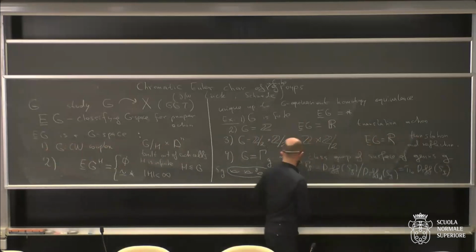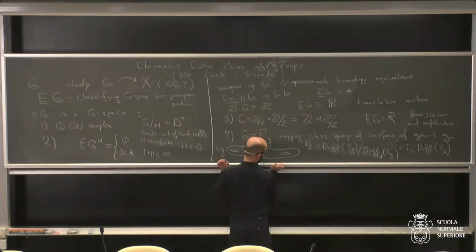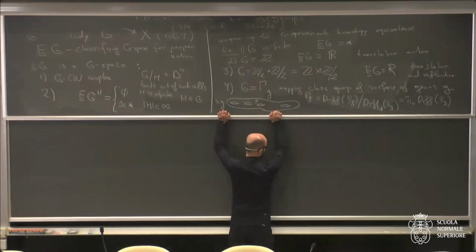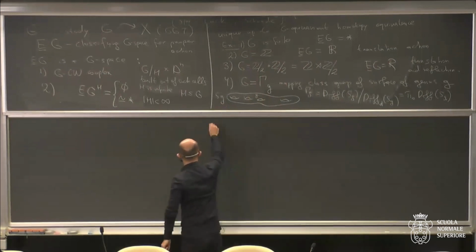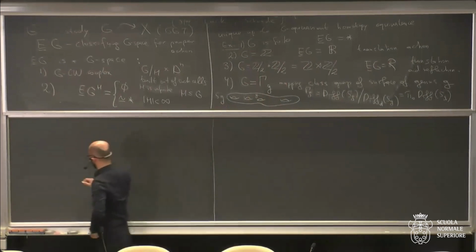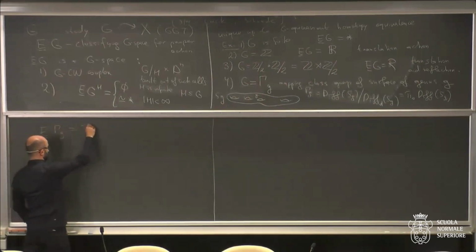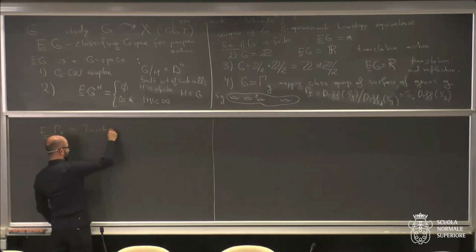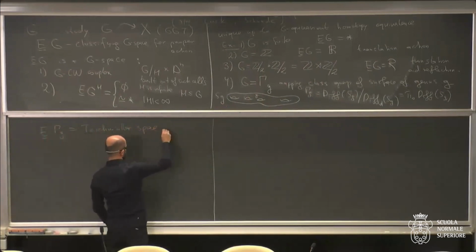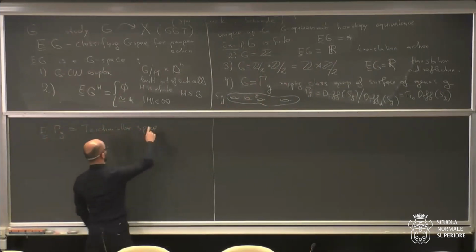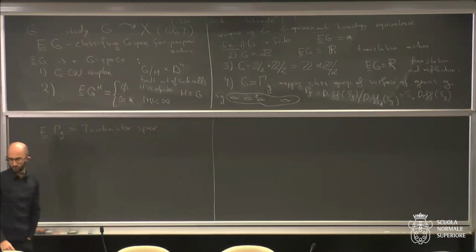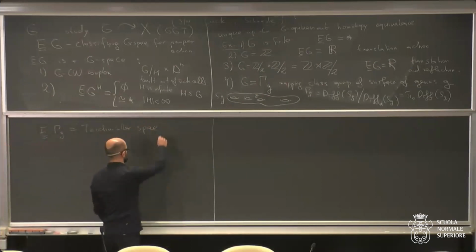Okay, so this is a mapping class group, but why is this interesting? This is interesting because there is a very nice example for E under bar G in this case, and that's the famous Teichmüller space, which is basically the space of all possible complex structures on this surface.